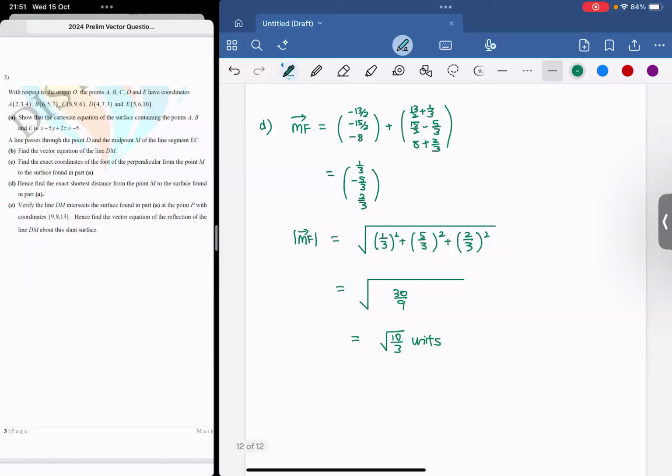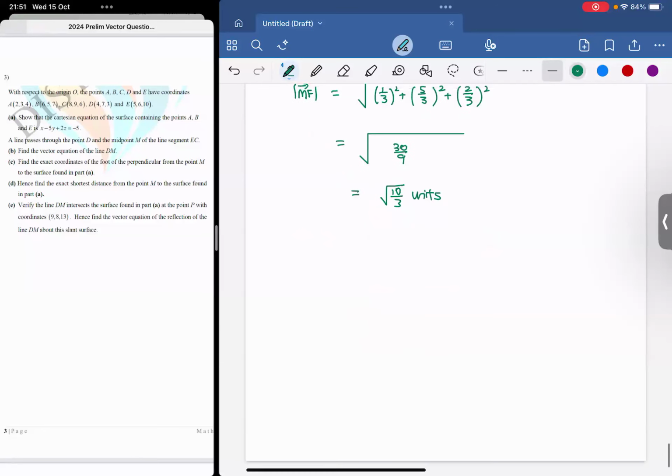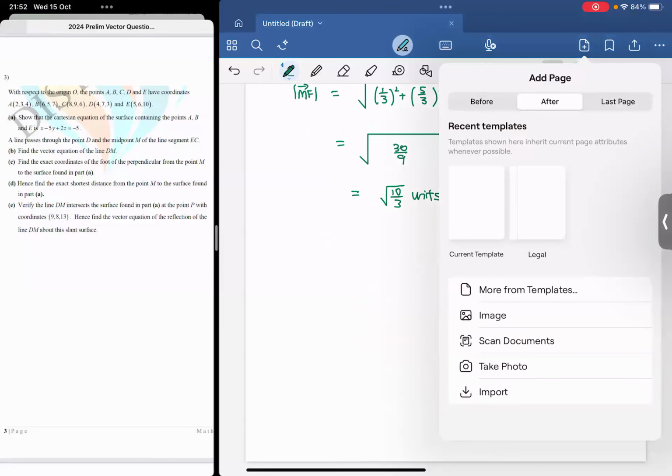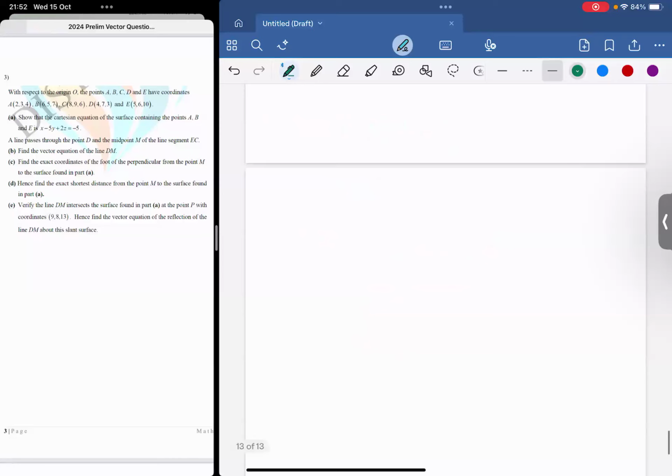Okay, next, part E. Verify the line DM intersects the surface found at point P. Hence, find the reflection. So I write down my DM first. DM is what?